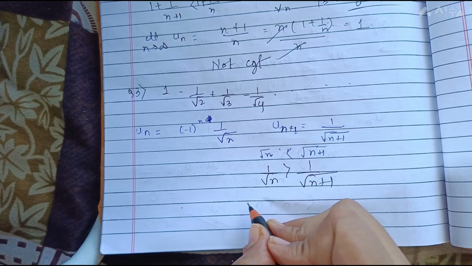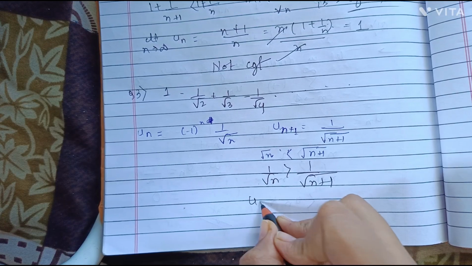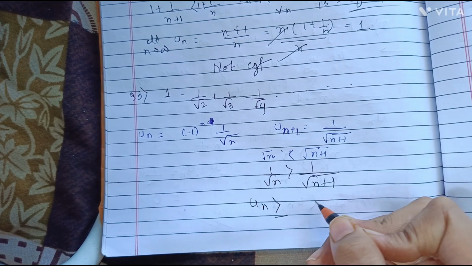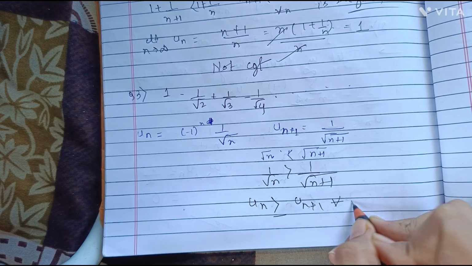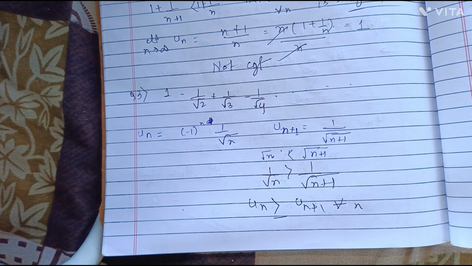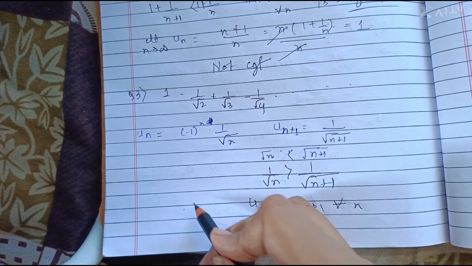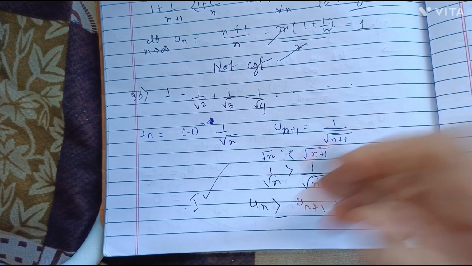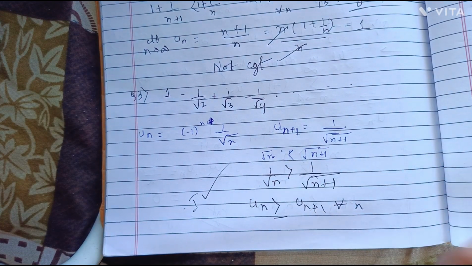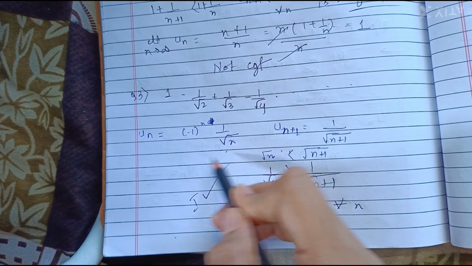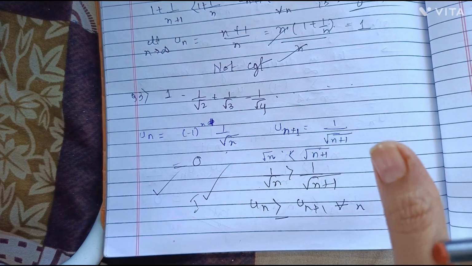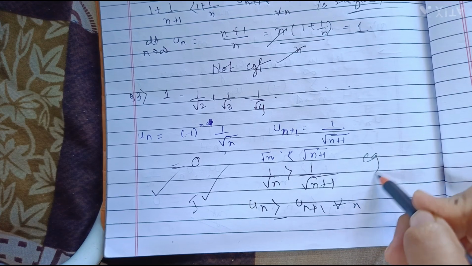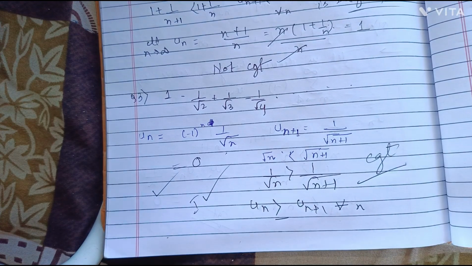So this shows that un is greater than or equal to un plus 1 for all n. This shows that the series is monotonically decreasing. So the first condition is satisfied. Second condition, put limit n tends to infinity here. You will get 0. The second condition is also satisfied. Okay, so this is convergent by Leibniz test.